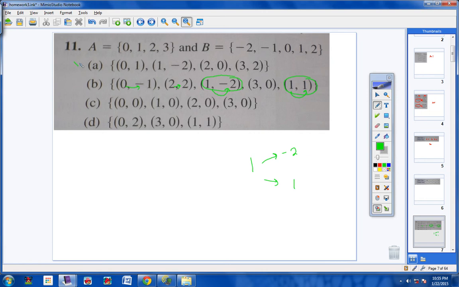So this is no. Letter C. Yes. 0 has one output, 1 has one output, 2 has one output, 3 has one output. This one here, yes. 0 has one output, 3 has one output, 1 has one output.